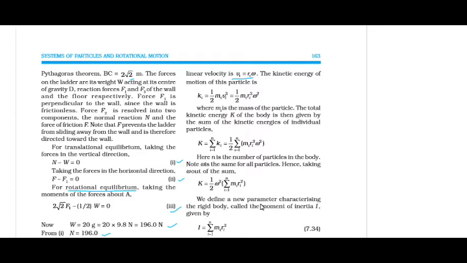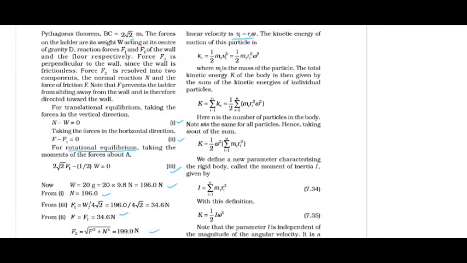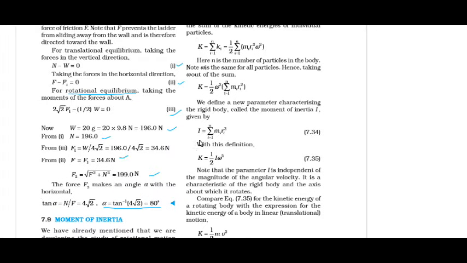We define a new parameter characterizing the rigid body, called the moment of inertia I, given as I is equal to the sum from i equal to 1 to n of mi ri square, which is represented by equation 7.34.